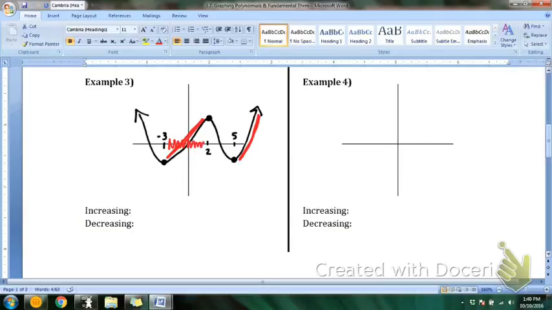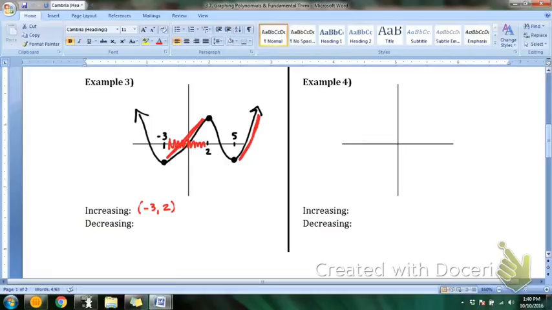So if you need to, on your x-axis, you can shade in from where it's increasing, because we always look at our x-axis to determine the numbers. So I am increasing, remember, think about going up a roller coaster, from -3 to 2. Do you guys agree with that? From -3 to 2, I'm increasing.